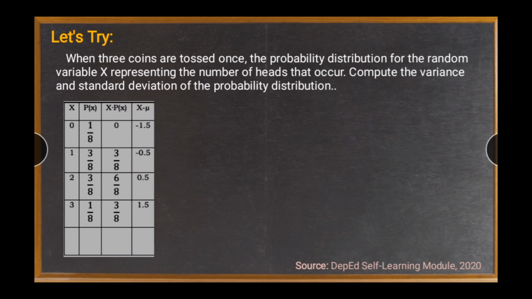After that, if you add this, that will be your mean. And what's your mean in here? If you add this, you have your mean as 12 over 8.